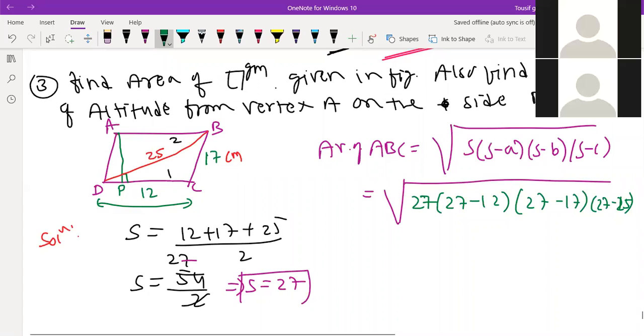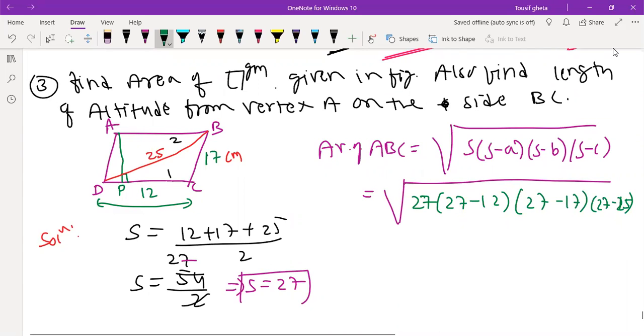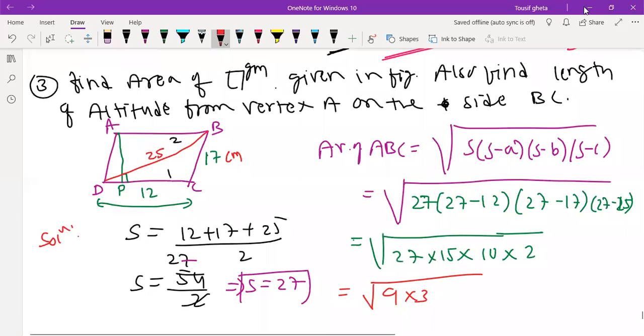So 27 into 15 into 10 into 2. You will get 9 threes are, and this will be written as 3 fives are, and this I will write as 2 fives are, into 2 as it is.